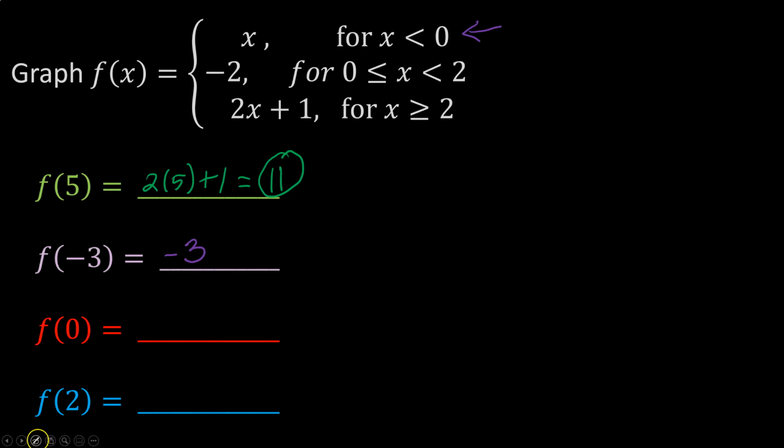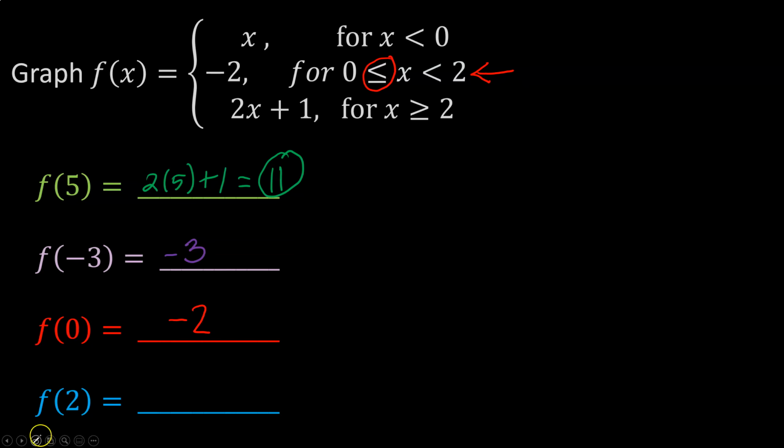Okay. F of 0. Well, where does 0 belong? Let's say here, that's including 0. So for f of 0, you would go to this middle branch, and f of 0 is equal to -2 as it is defined in this piecewise function.